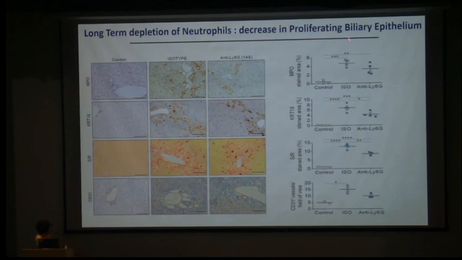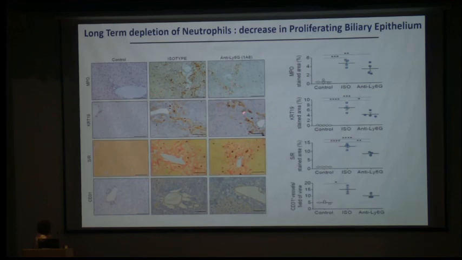There, they have shown in the mice model that if you do long-term depletion of neutrophils, there is a decrease in proliferating biliary epithelium. They did it in the mice study, and they used the isotype and anti-Ly6G. Anti-Ly6G is the antibody against neutrophils. They showed that MPO was decreased.